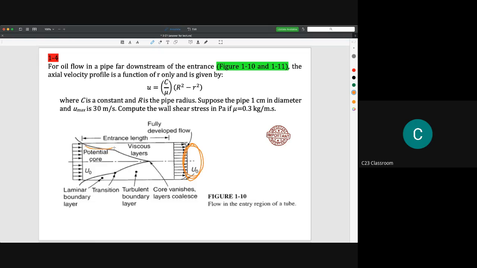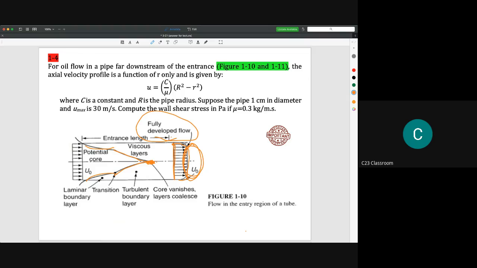So later this velocity will meet at the center point, because this has the least friction in the pipe. After it has reached its developed condition, this is the start of the fully developed flow, where the velocity distribution will occur like this.